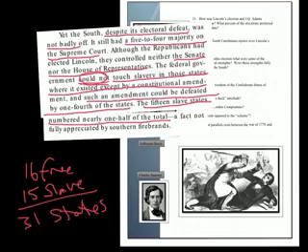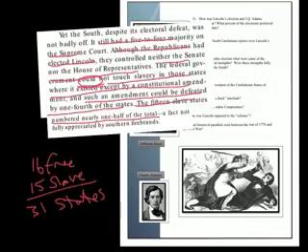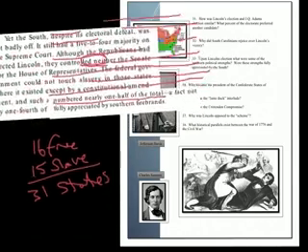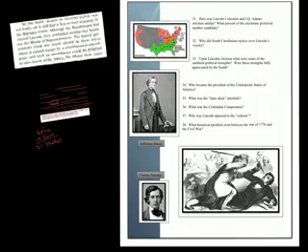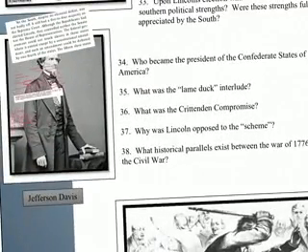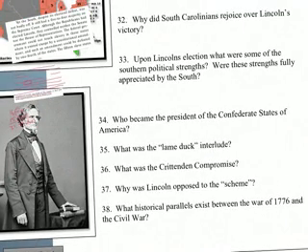And so the South was not really in any major danger of losing slavery. The question is, did they fully appreciate this? So take a look at number 33. Upon Lincoln's election, what were some of the Southern political strengths?